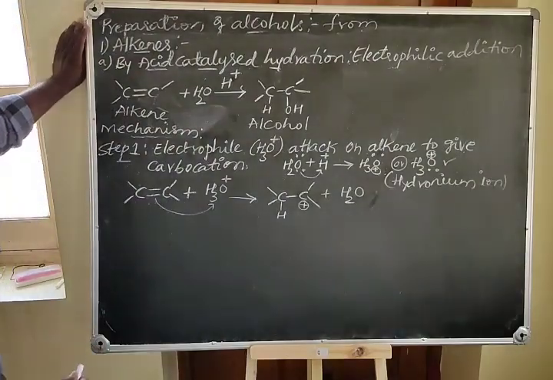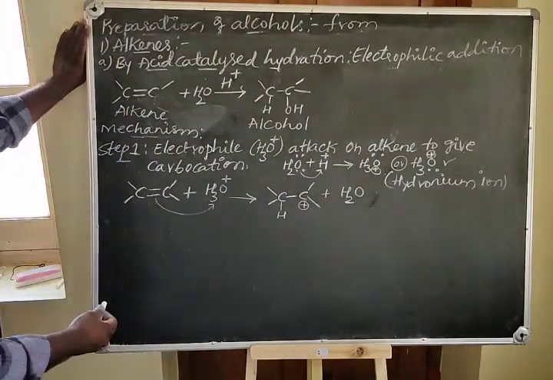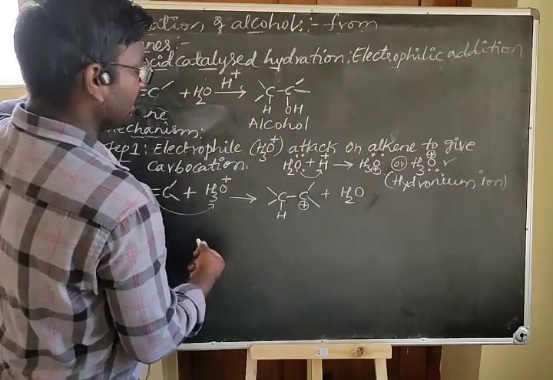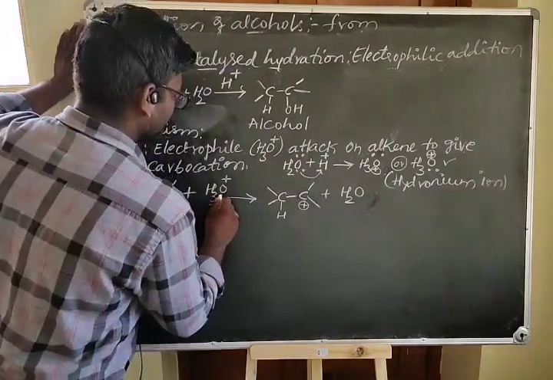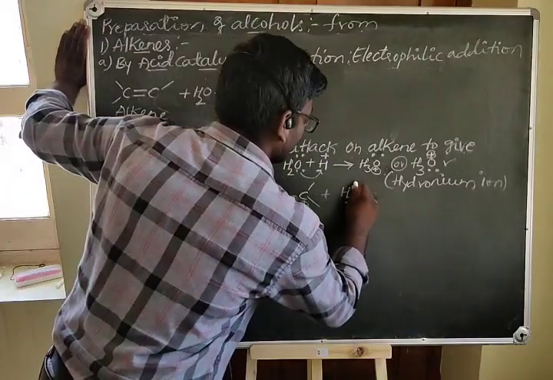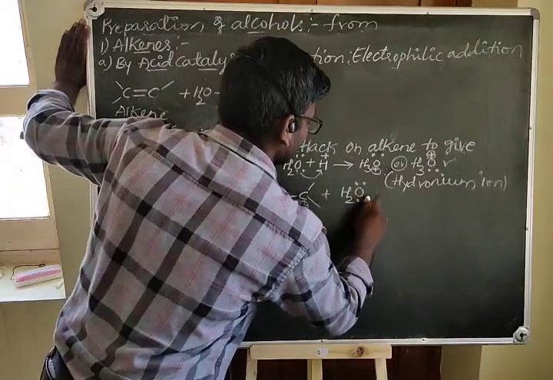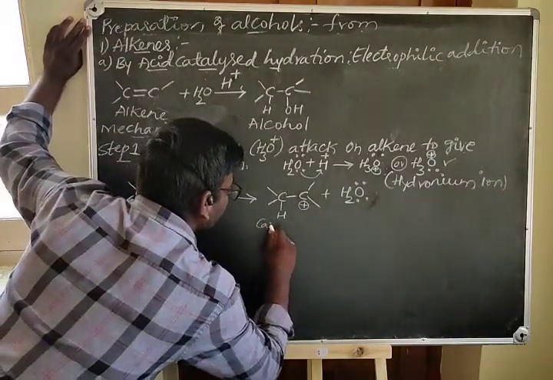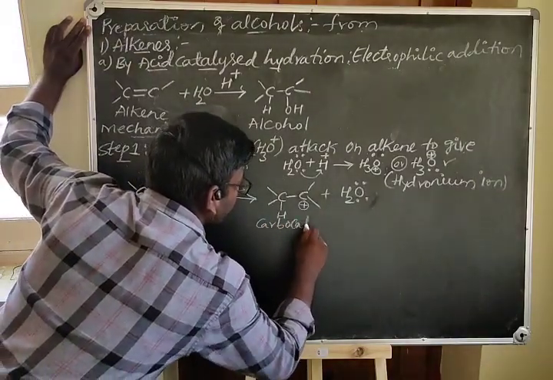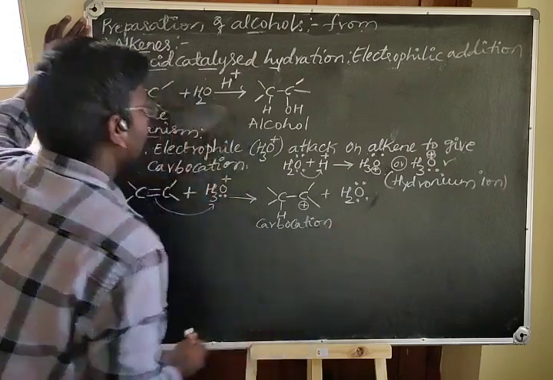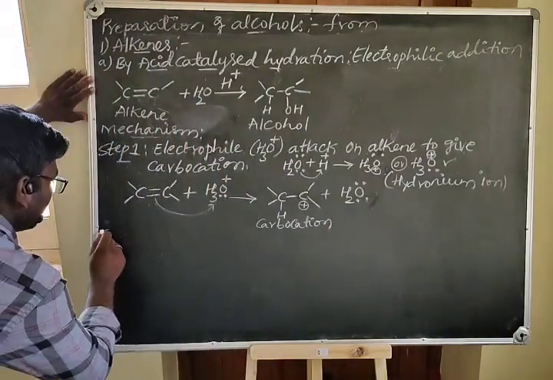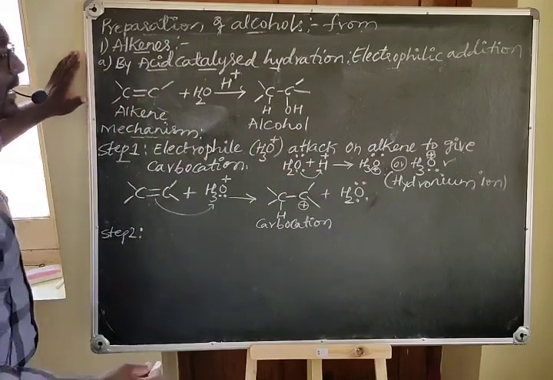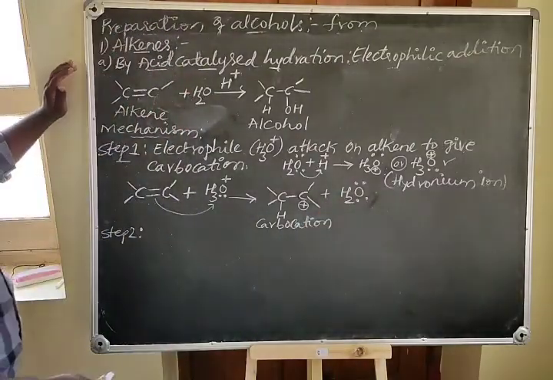Due to the loss of the proton H plus ion, the oxygen atom gains back its lone pair of electrons. Now it will have two lone pairs of electrons as it is. Now this is called a carbocation.